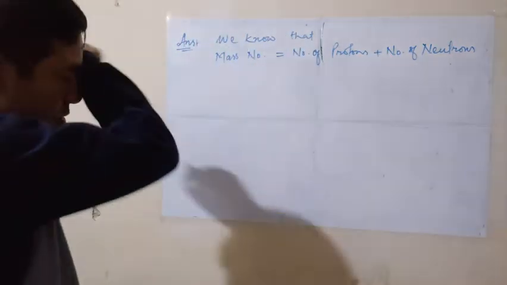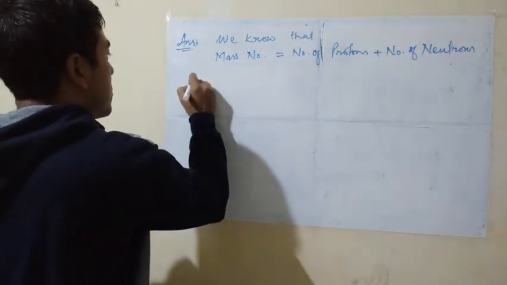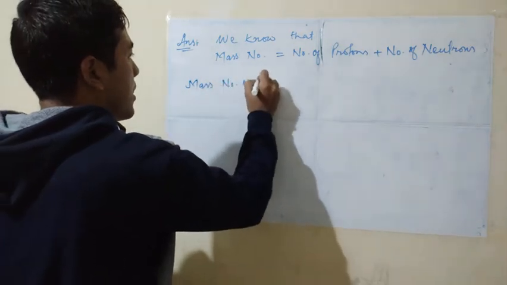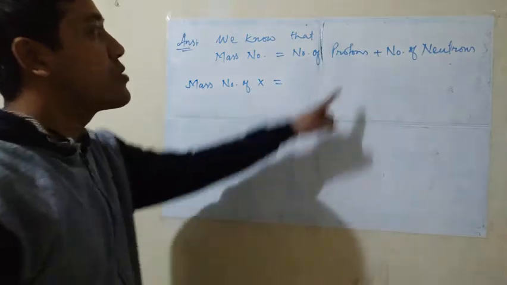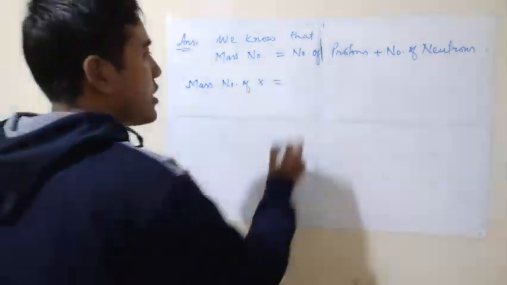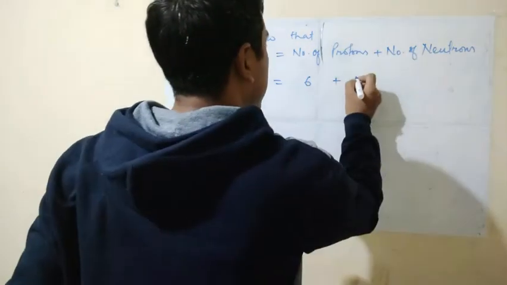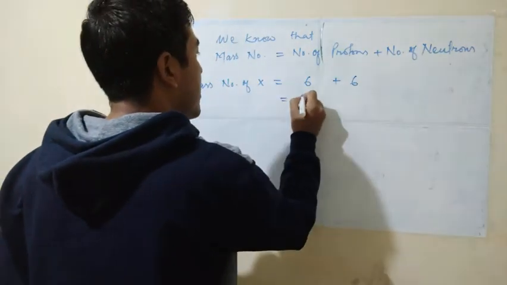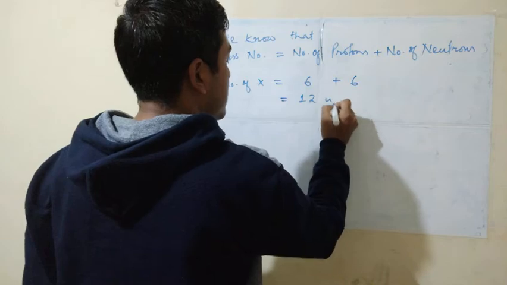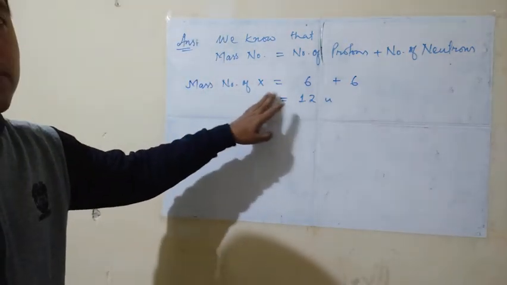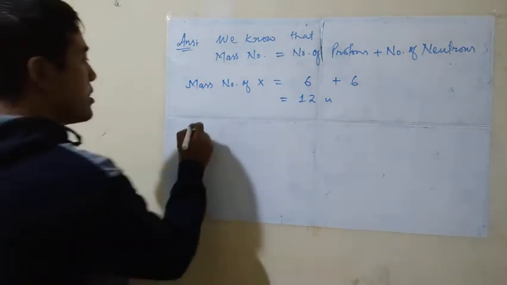Now, mass number of X is equal to how many protons are there in X? 6. Neutrons how many? 6. That is equal to 12 unit. The mass number of this X is 12 unit.